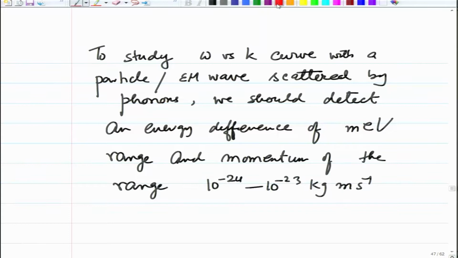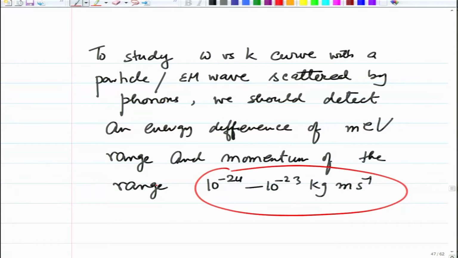Keep in mind that this momentum corresponds to A of the order of 1 angstrom. So, the lambda of incoming light or wave or particle should be of the order of 1 angstrom. Let us see how do we do it.